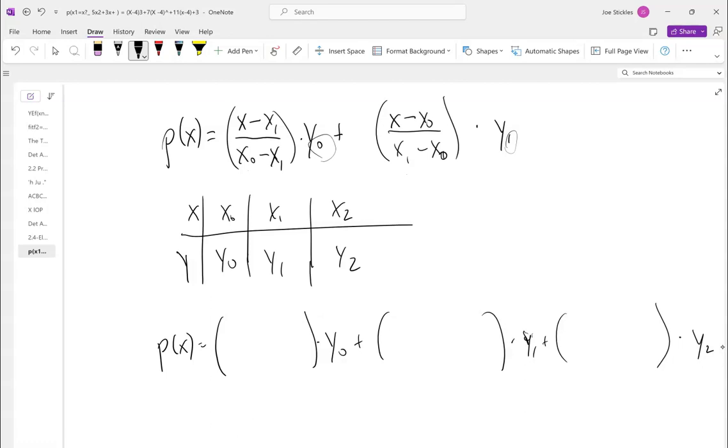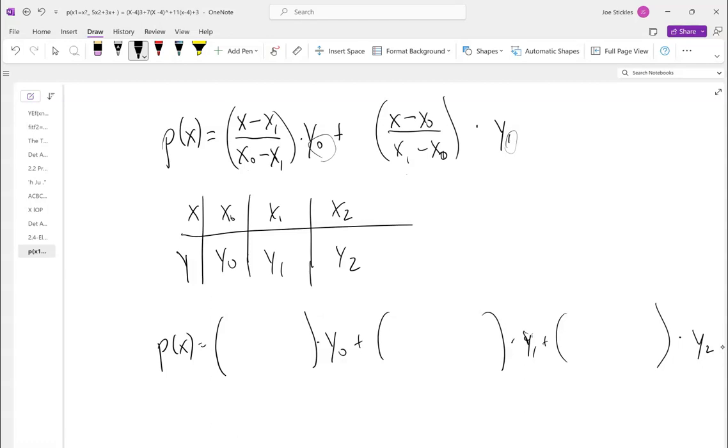All right. What do you want your coefficients to be when you plug in x naught? 1, 0, 0, right? When we put in x1, we want 0, 1, 0. When we plug in x2, we want 0, 0, 1, right? Okay. All right.